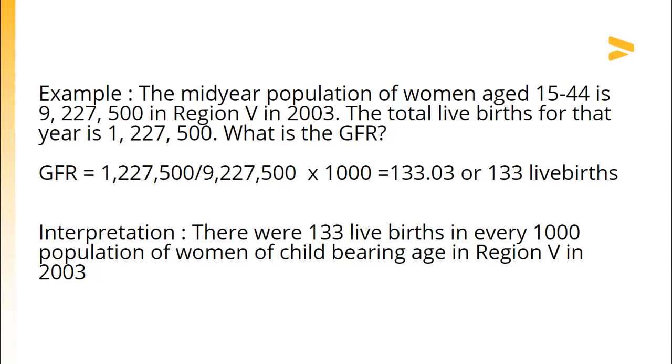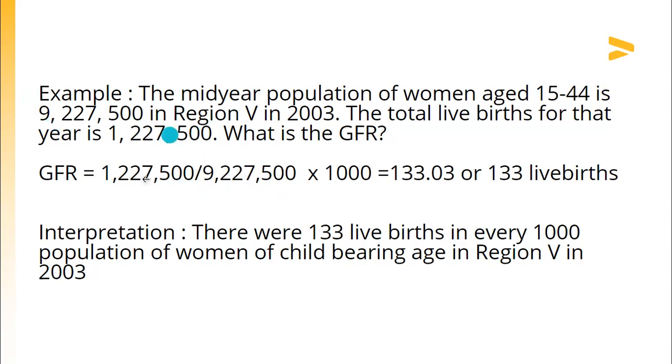Okay, so how do we compute it? So again, we express the total number of live birth for that particular period of time, in this case 2003. And the total number of live birth in 2003 in Region 5 is 1.2 million. We compare that with the total number of the population of women who are capable of giving birth, or in other words, women of childbearing age at 15 to 44 years of age. It is represented by 9.2 million.